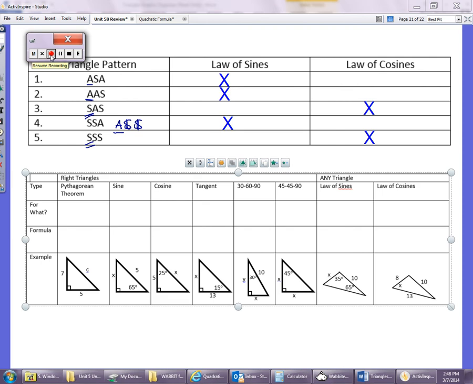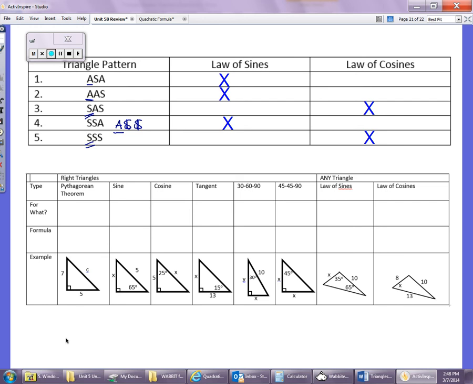Okay, so I know that some of you are confused as to when to use law of sines, when to use Pythagorean theorem, etc. So this is a great graphic organizer. If I were you, I would copy this into your notebook or onto your review sheet. And this really helps you decide when you're going to use each one, because you have all these different triangles, but you really don't know when to use what.